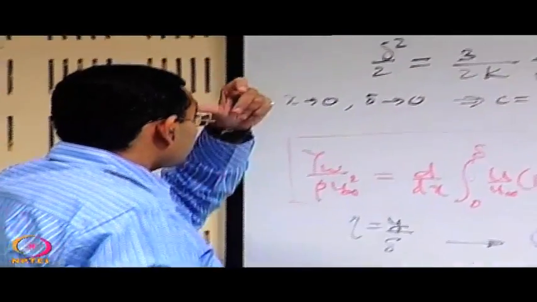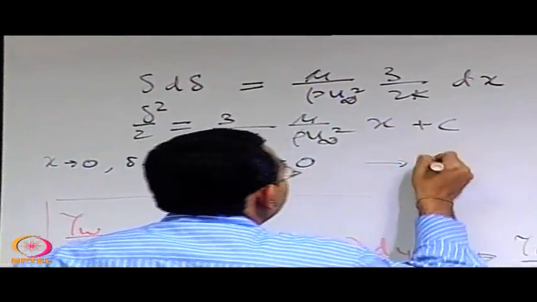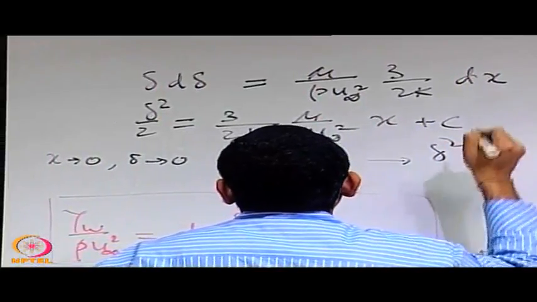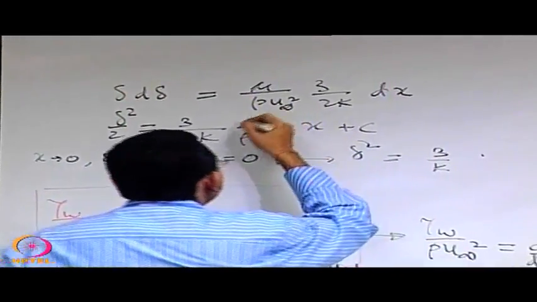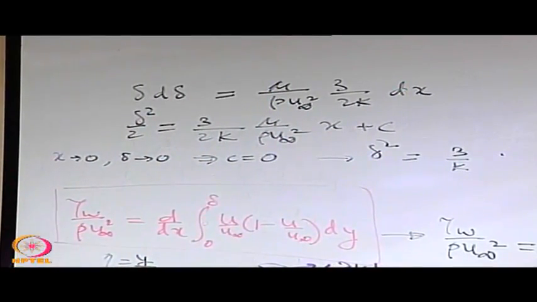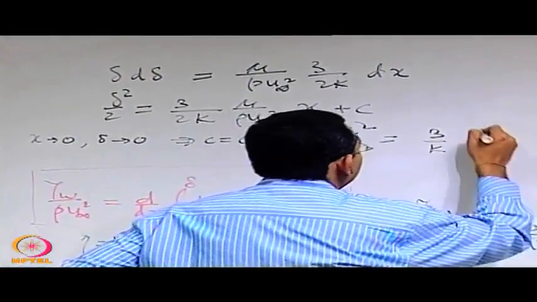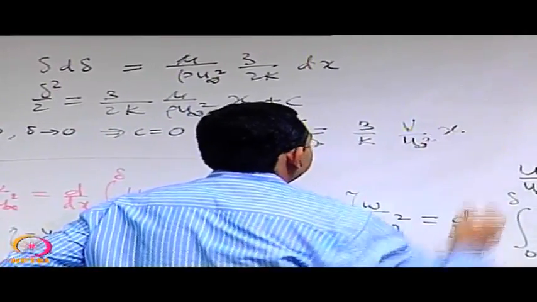So, now you can find out what is delta by x. Delta square will be 3 by k. We will always write mu by rho as nu, because kinematic viscosity is what governs the physical situation. So, nu by u infinity square x.